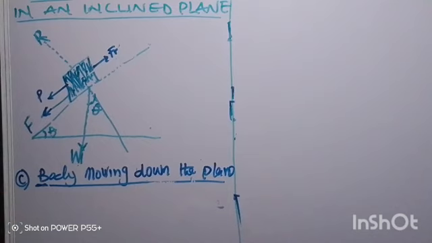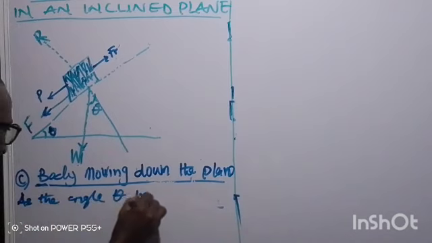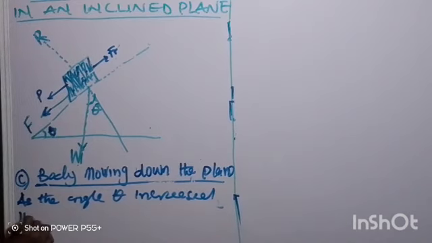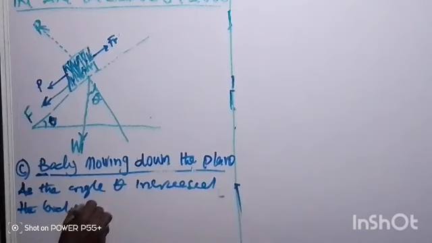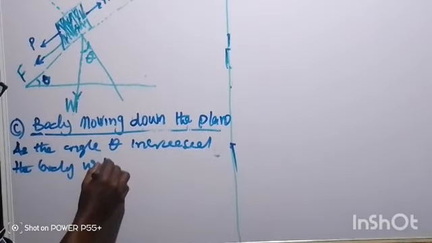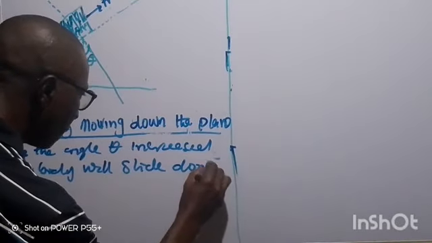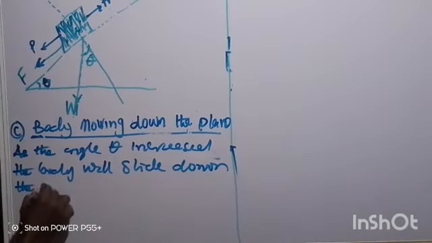Now, let's look at the inclined plane and the body on it in case 3. That is, when the body is moving down the plane, as the angle theta increases, the body will slide down the plane.